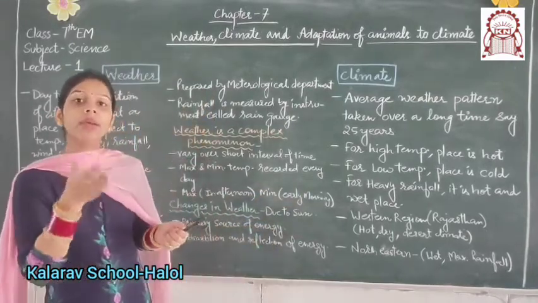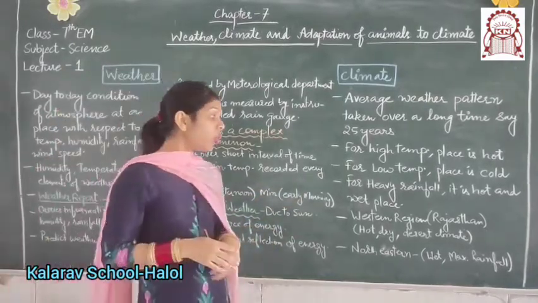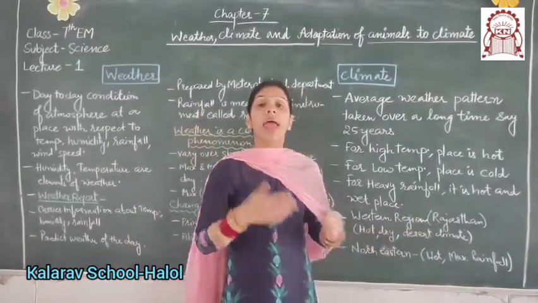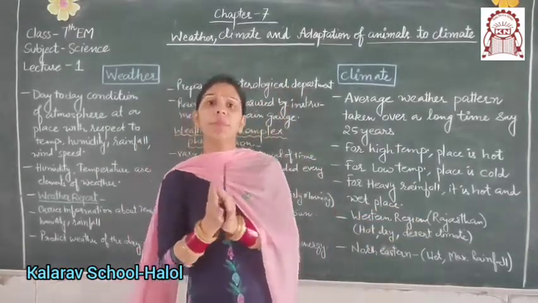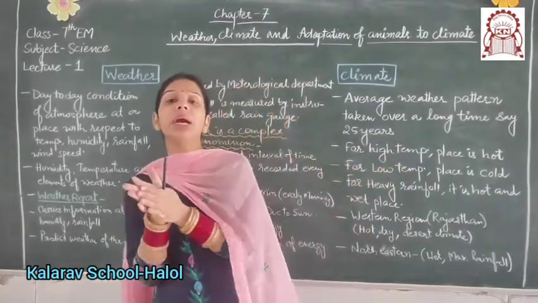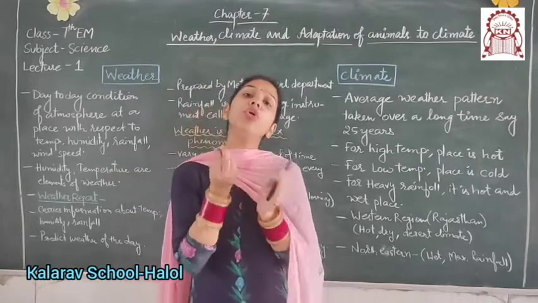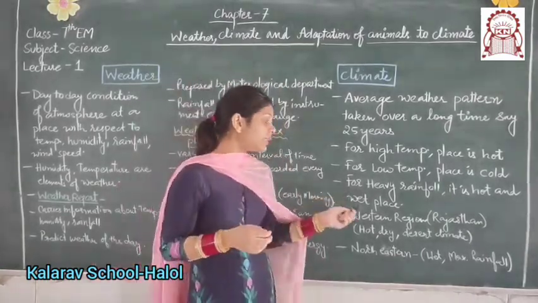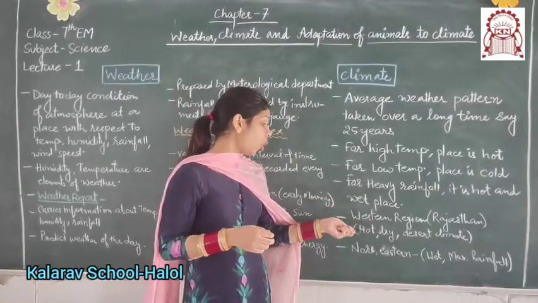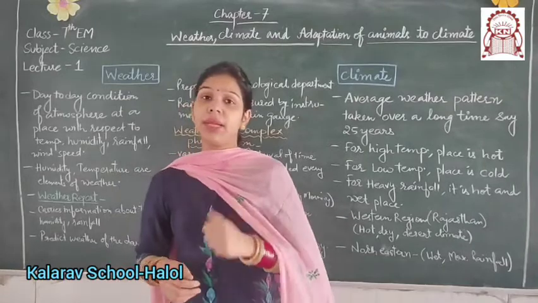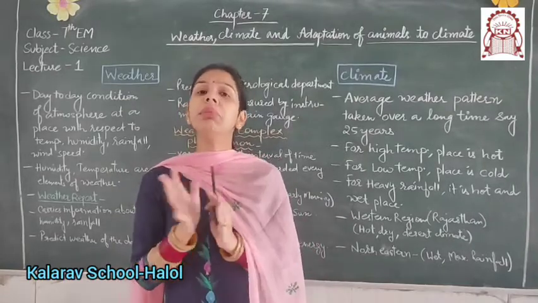In the western region of India, Rajasthan has very hot temperature over 6 to 8 months of the year, and a few months are very cold. So the places of the western region are hot, dry, and have a desert climate. They have minimum rainfall.